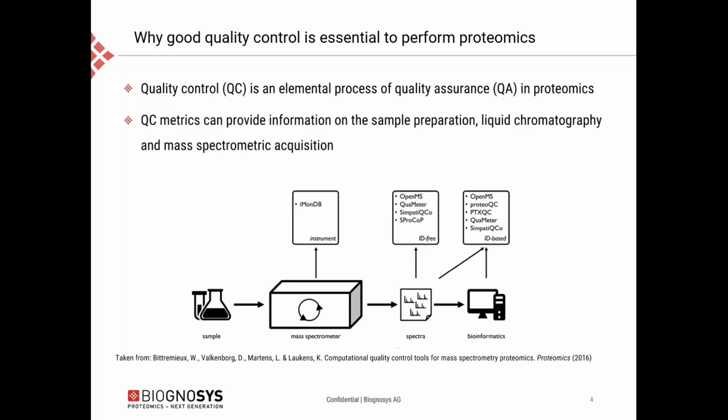And generally, QC tools work on different levels, such as the mass spectrometer, the spectra, or the bioinformatics part. Some of the tools that are available also work on multiple parts, but so far, to our knowledge, there was no QC tool that actually summarized all the different parts for all different workflows.